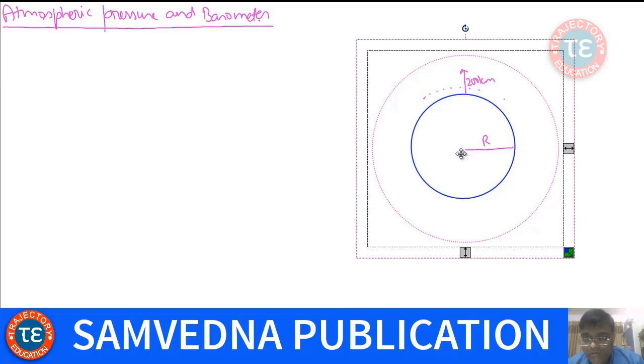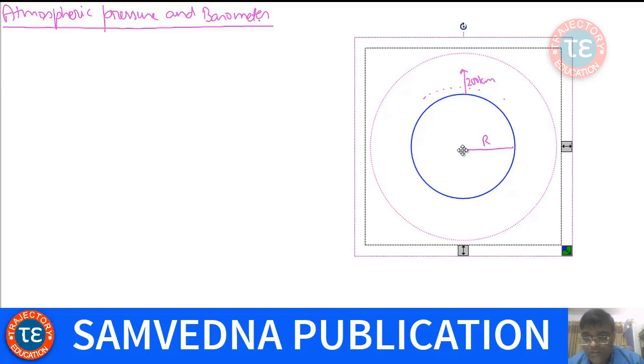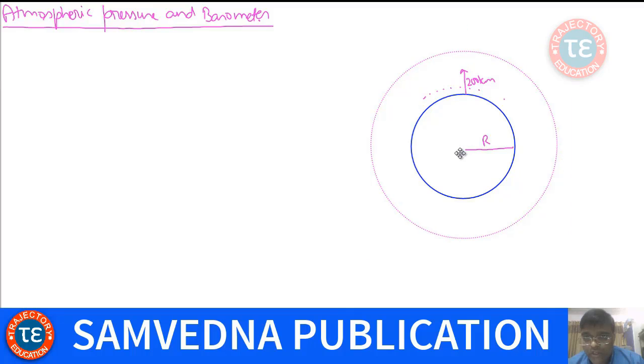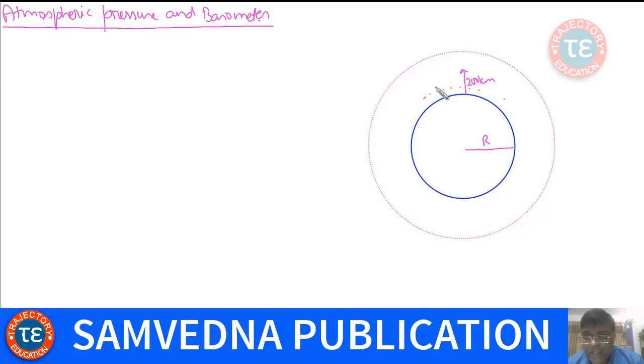Here we have gases: molecules of oxygen, nitrogen, a little bit of carbon dioxide, and some other gases also. So you have some density also.